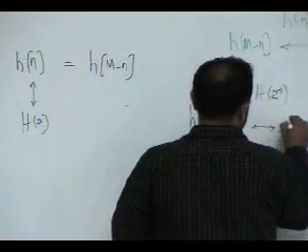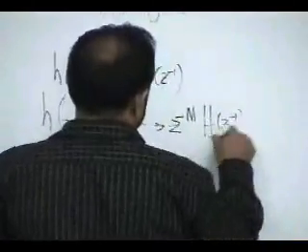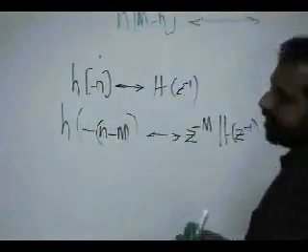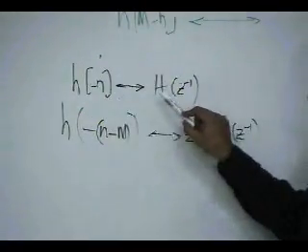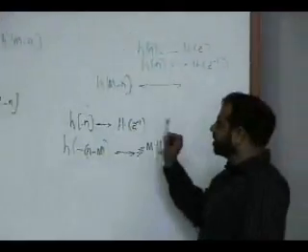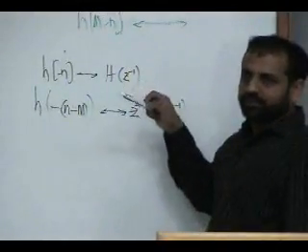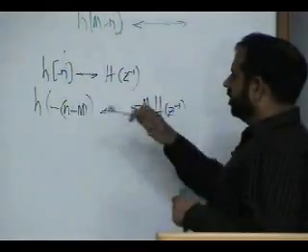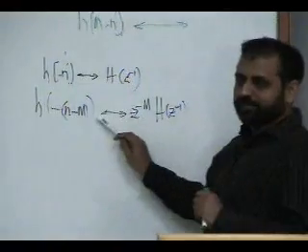Okay, so taking Z transform of h of m minus n, I know h of minus n is h of Z inverse. Remember the property of Z transform which says if you flip n, you flip Z, you make it 1 over Z. So this is fine. Now it is flip and shift, replace n by n minus m.